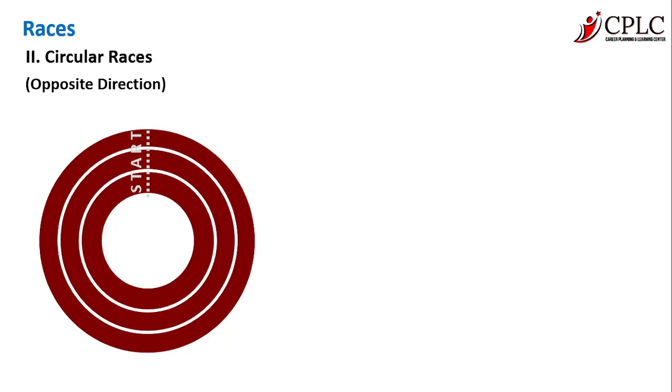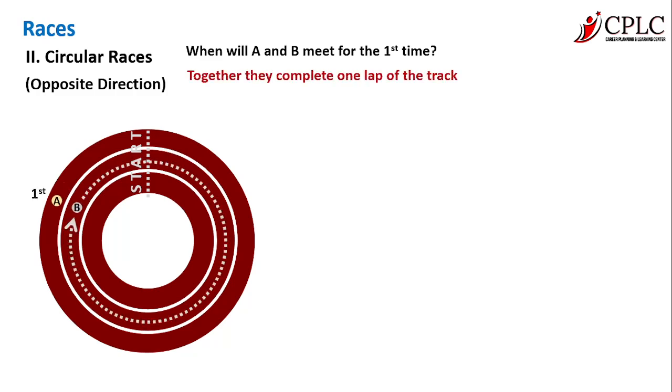Let's see what happens in the opposite direction. Same story: A and B, two runners, are going to run in the opposite direction. Observe very carefully when they meet for the first time. Somewhere in this position they meet for the first time. And again, if you track their distances, A has covered only this part of the distance, whereas B has covered this much part of the distance.